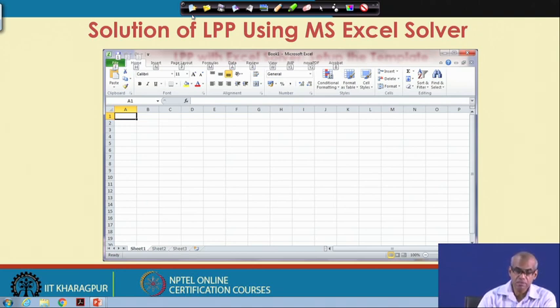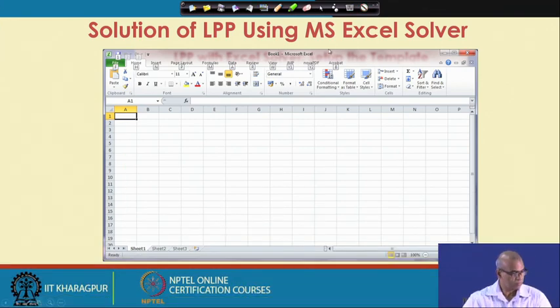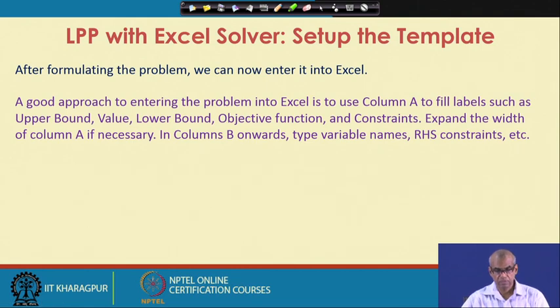So, these labels we can enter in column A. In column B onwards, we can type the variable names. Suppose there are three variables x 1, x 2 and x 3. So, we can write these in columns B, C and D. We can also put the right hand side constants in the columns after that.